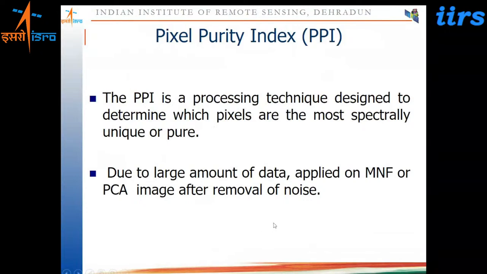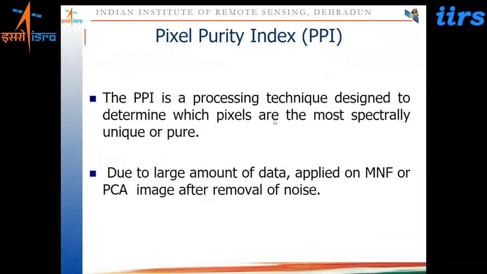Due to the large amount of data, we apply this PPI to a subset of the MNF or PCA. If you remember, when we were studying PCA and MNF, I said that for further processing we will take only a few, say 10, 12 or 15 bands, to reduce the computational burden, and those bands will have the higher eigenvalues.